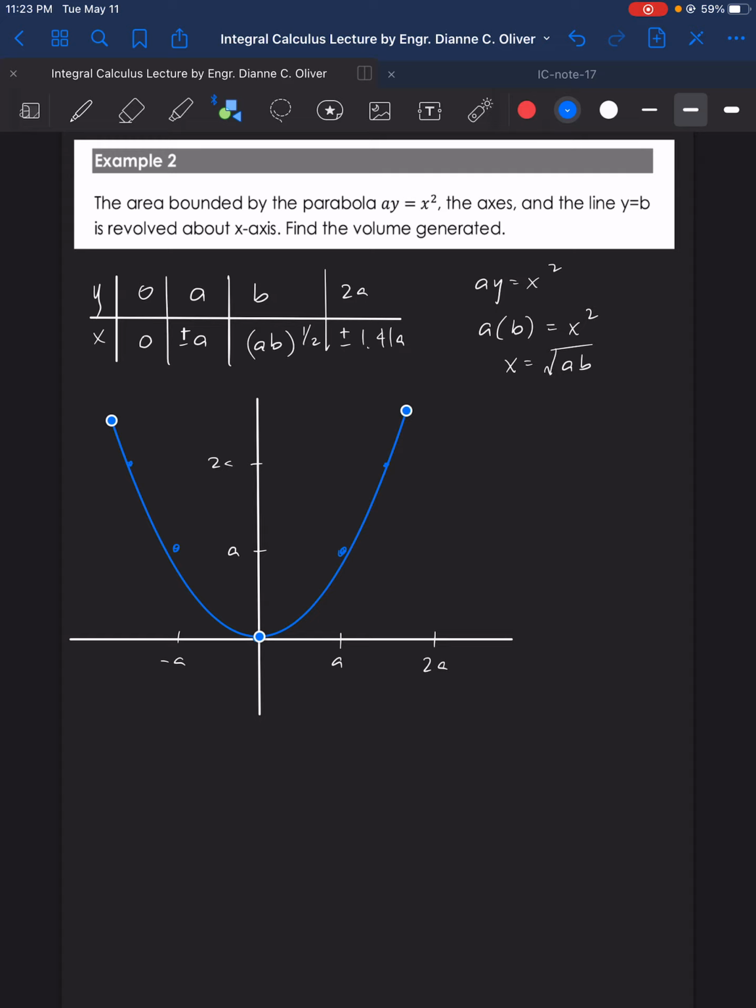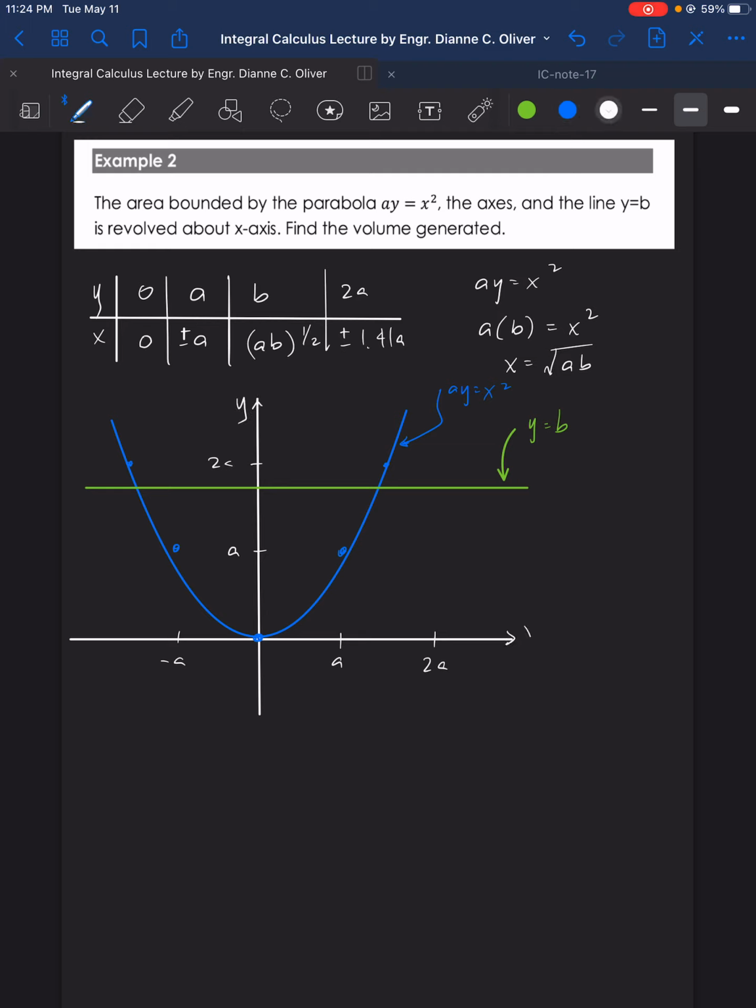Okay, so we have this curve, and the line is somewhere here in the y-axis, and it is positive. So let's take this line as y is equal to b, and this curve here is ay is equal to x squared.